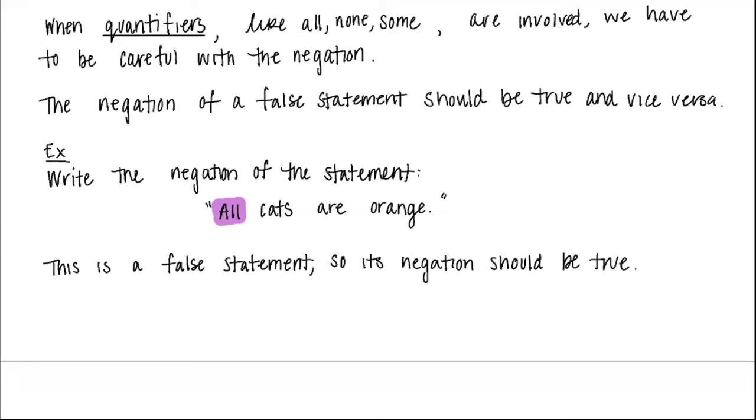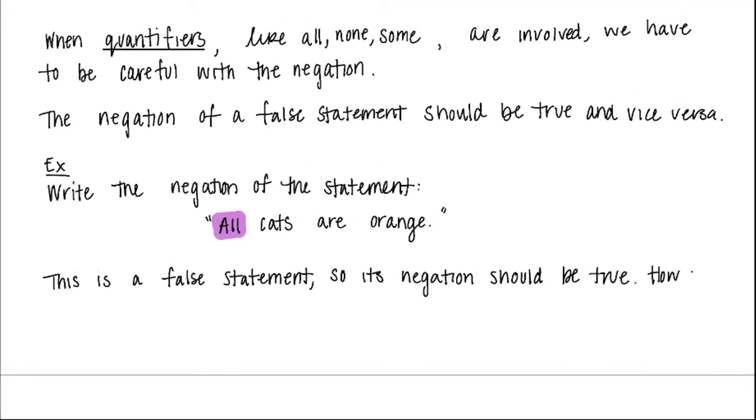So a really common one that people want to change is immediately going from all to none, because that seems to think like it would be the opposite meaning. So let's think about how about changing it to no cats are orange.